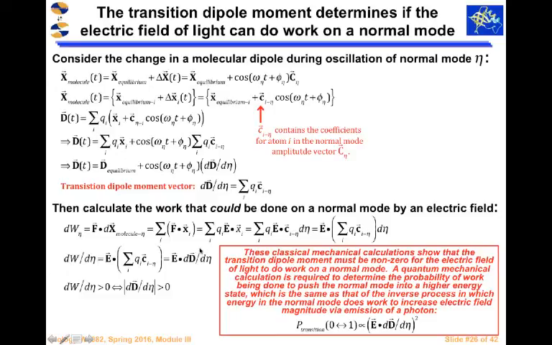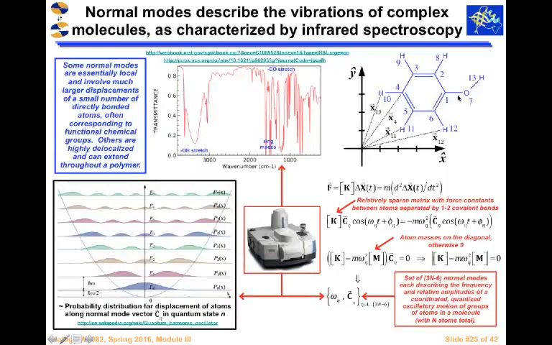The math in this slide shows quantitatively how we calculate a normal mode. In the end, it's how we calculate something called the transition dipole moment vector. The transition dipole moment vector is the change in the molecular dipole moment along the normal mode coordinate. Let's say the normal mode is mostly this CO stretch. It would look at the change in the electric dipole moment as that bond lengthens. You can see that because the oxygen is charged, there probably will be a change in the dipole moment as that bond lengthens.